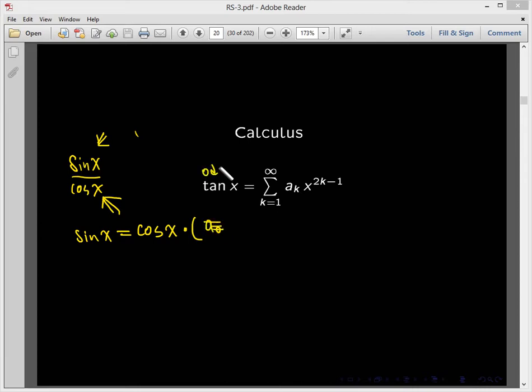Because we know it's an odd function, you can skip one of the parts and go, okay, a1 x, and skip the even term and go to a3 x^3, like that. And if you multiply out and compare the coefficients with the sine x, one at a time, inductively, you can figure out a1 and a3. You do not need any derivative or anything. It's a very arithmetic structure in there. From there, we can get our hands on that.